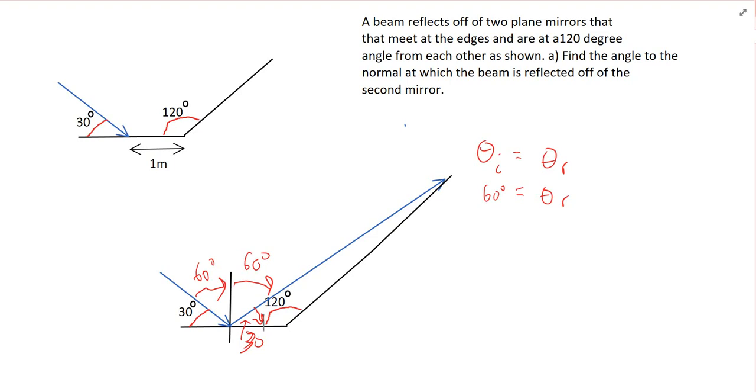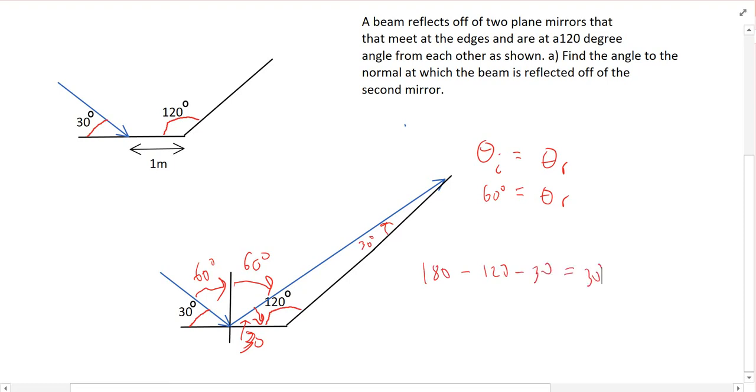So right now we've got 120 plus 30, which is 150 degrees in there. So the angle up here has got to be 180 minus 150, which is 30. So this angle is 30 degrees because we have 180 minus 120 minus 30.